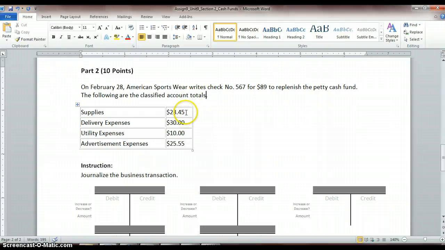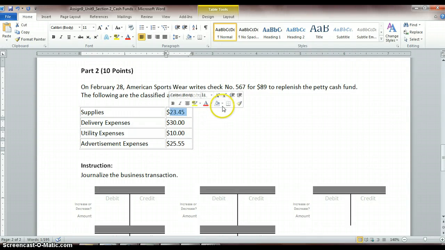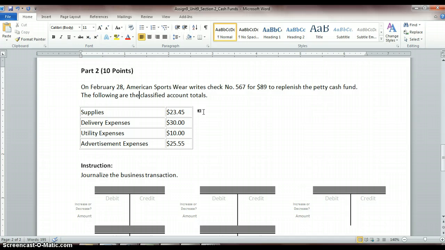So maybe we have $23 that we need to spend on supplies. Well, instead of writing a check and going through several steps to make sure it comes out of our supplies account right away, we can just pay with petty cash on the spot and then replenish it later, and replenish all these accounts at once. So it takes up a little less time for our business.